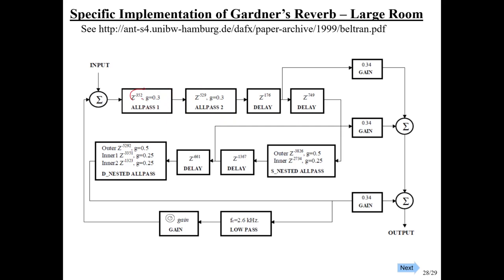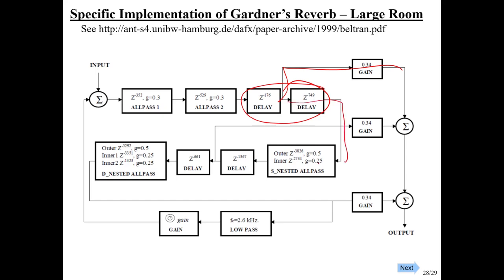And I'd be willing to bet if you checked 352 and 529, you'd find that they have no common factors. And then just some delays with a tap out in between. So it's not clear what those delays are doing, but probably just aligning things in some nice way.